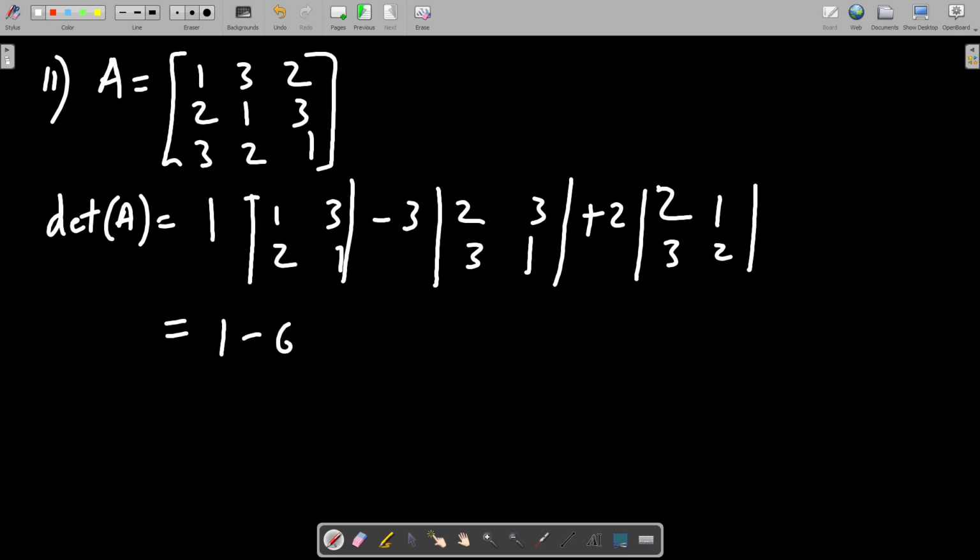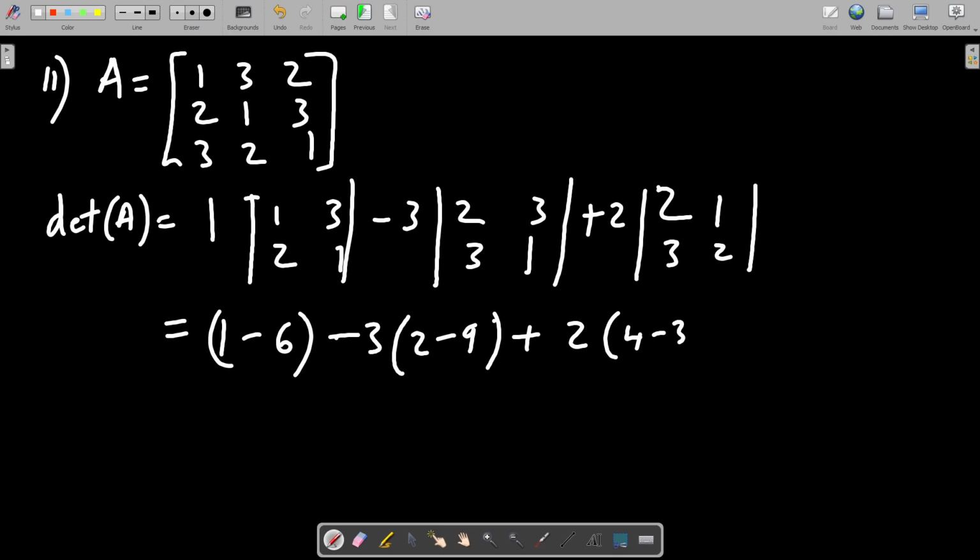So this is going to become 1 minus 6, use these curved brackets, minus 3 times 2 minus 9, sorry, plus 2 times 4 minus 3. This will become minus 5. This will become 3 into minus 7.